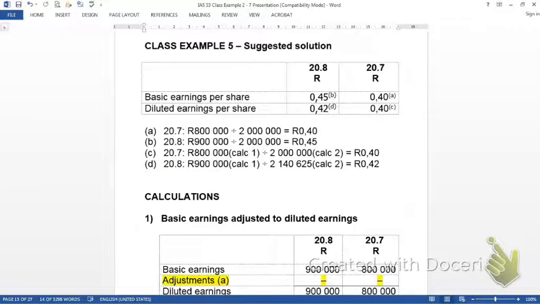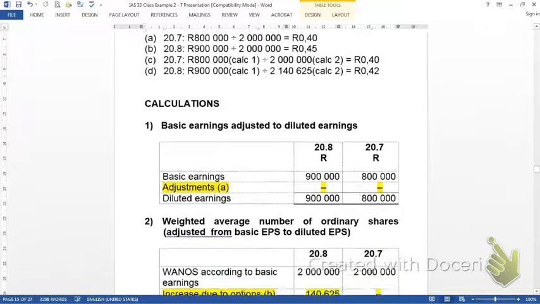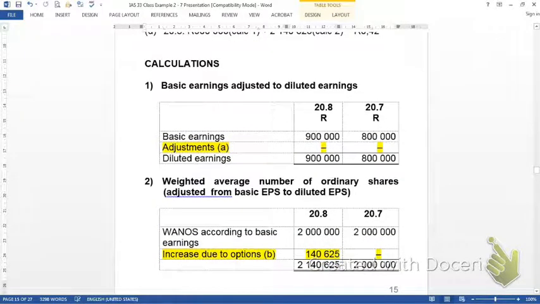Well, let's have a look at the suggested solution to class example number 5. There's the final answer, but we must now decide how we got to that answer. And as we all remember, we must first start off with the basic adjusted earnings to diluted earnings.